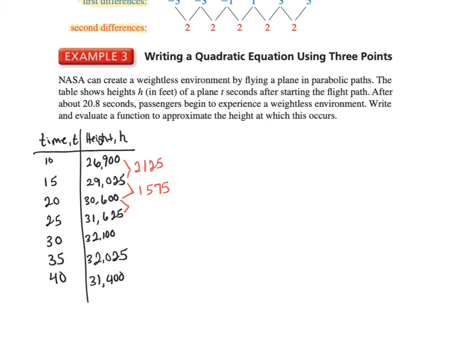So we take 31,625 minus 30,600. We get 1,025. Then we get 475.